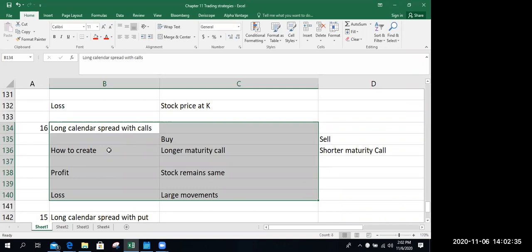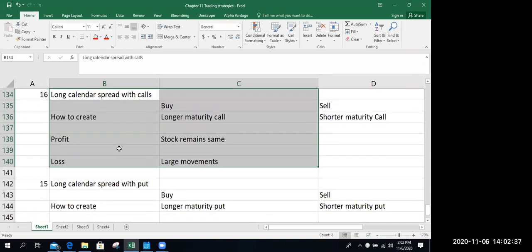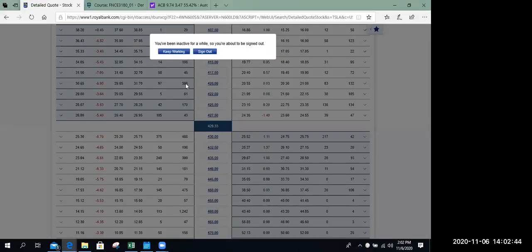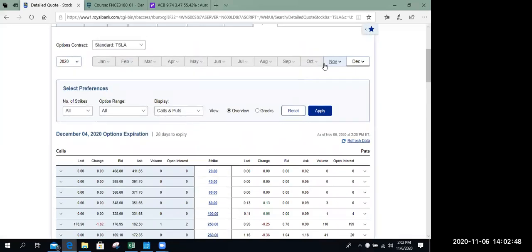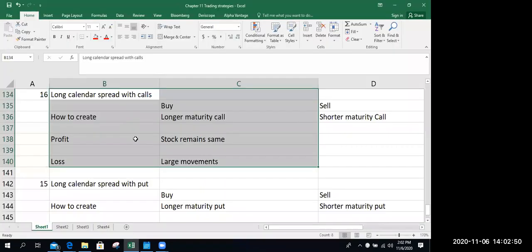But right now you have to remember what a long calendar spread with calls is. You buy the longer maturity call, so the December call, and you go short on the shorter maturity call, the November call. When do you make money? When the price movements are small. When do you lose money? When price movements are large.